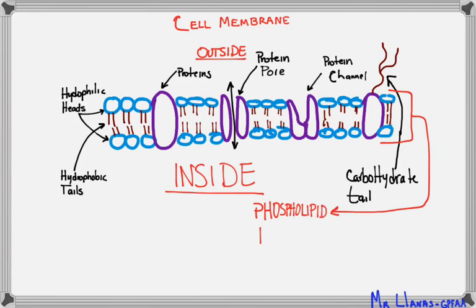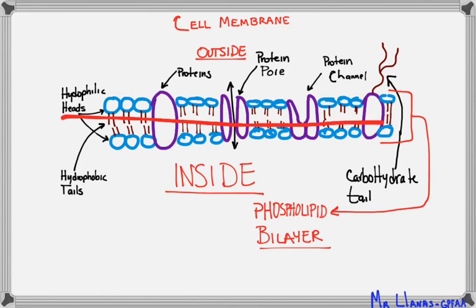If we look at the entire structure, we call it a phospholipid bilayer. And we call it a bilayer because there's two layers of phospholipids, you can see there's one here, there's one here, right?